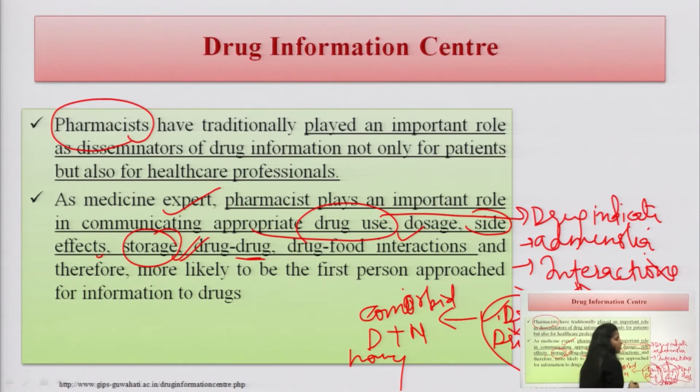Sometimes the patient is taking herbal supplements to reduce symptoms, or dietary supplements, so there may be a chance of drug and herbal interactions too. The pharmacist will tell about drug-food, drug-drug, and drug-herbal interactions. That's why pharmacists play a key role in the drug information center.